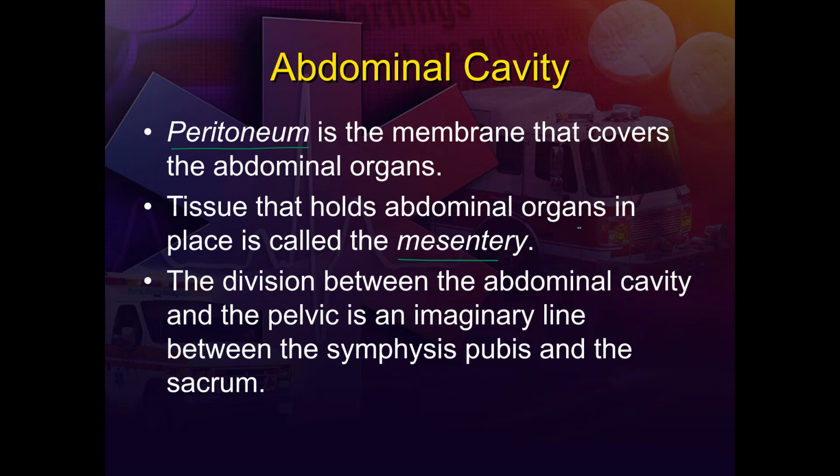So really, when we talk about the visceral peritoneum, the visceral is going to be the mesentery. And then on the inside of the abdominal cavity, we have the parietal peritoneum.